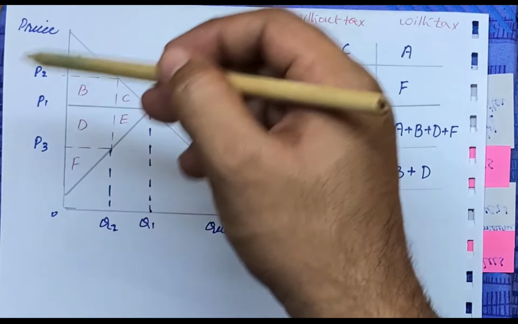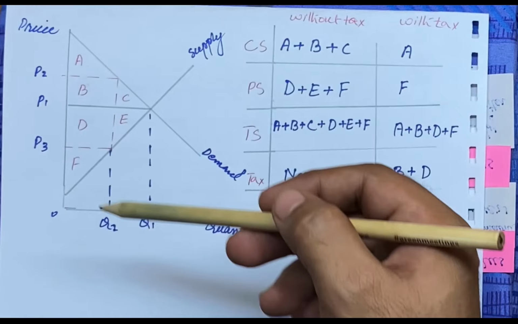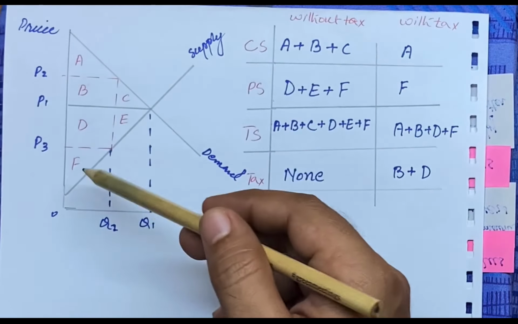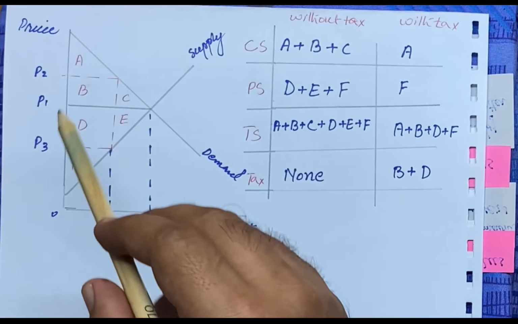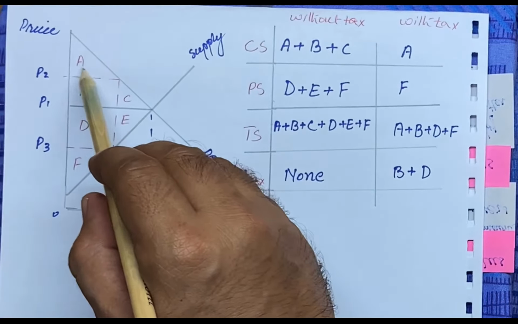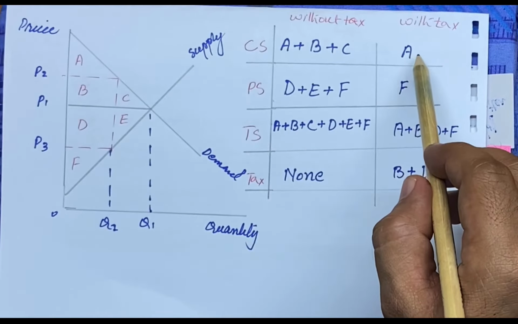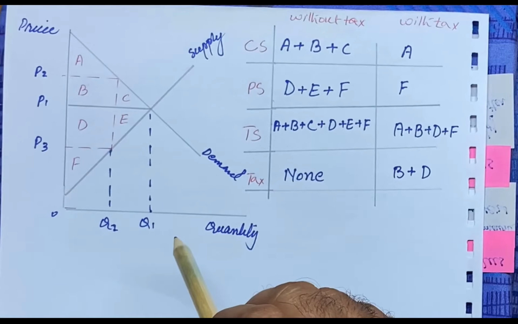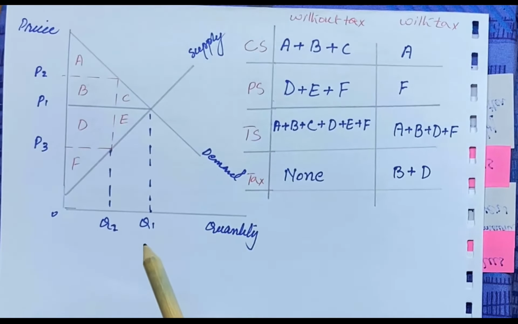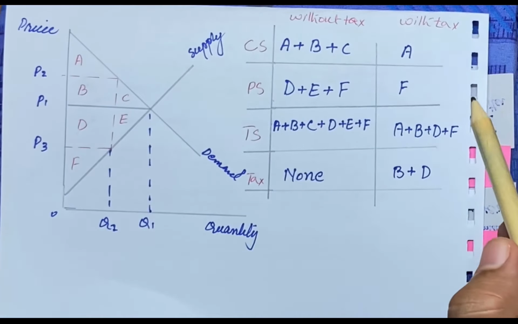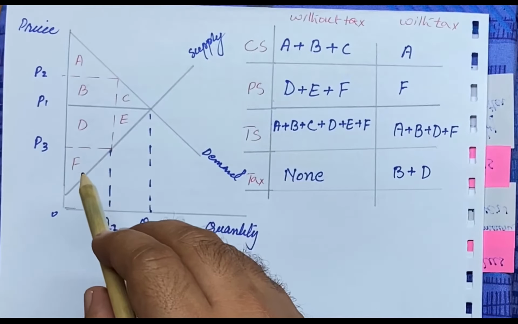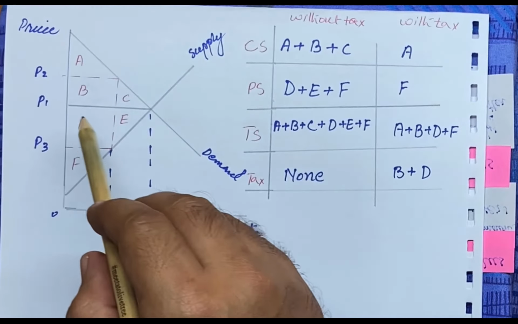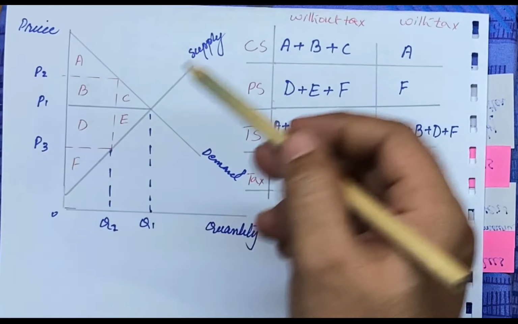So if we want to see after tax what will be the producer and consumer surplus, then after tax only A will be the consumer surplus and F will be the producer surplus. Okay, here we will see that B and D will be the government's take.